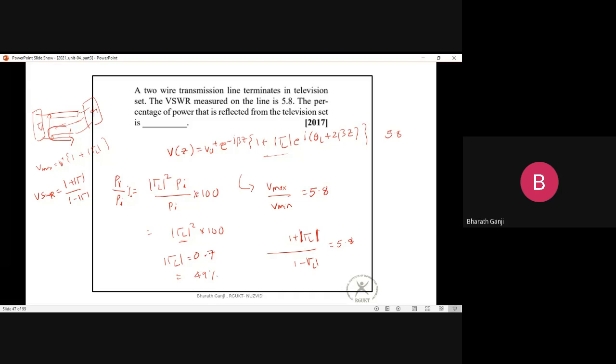Of course, it might look easy for me, but I feel it's easy. Anyway, we will be seeing even more difficult ones than this. But one thing I can say is that transmission lines is the easiest topic in electromagnetic theory.